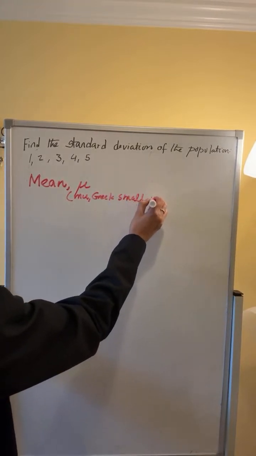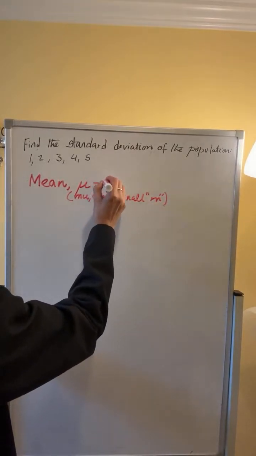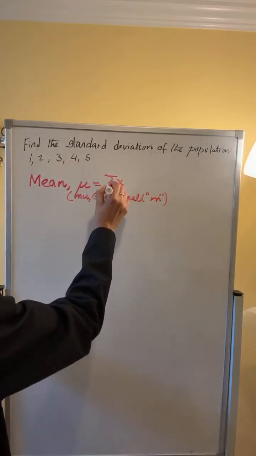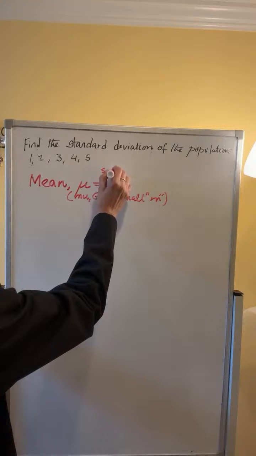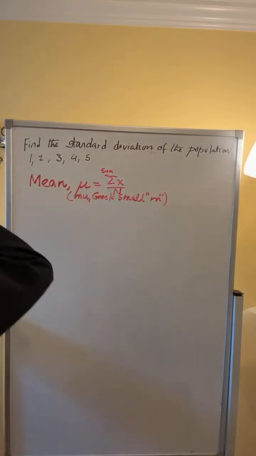Since it is the mean, it begins with the letter m, and is given by the sum of the numbers. This is sum, sigma, Greek capital S, divided by the population size.